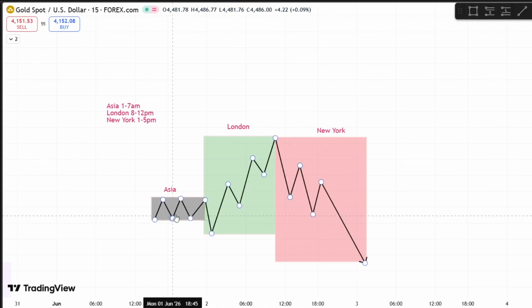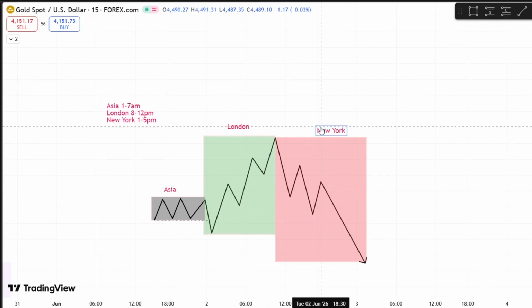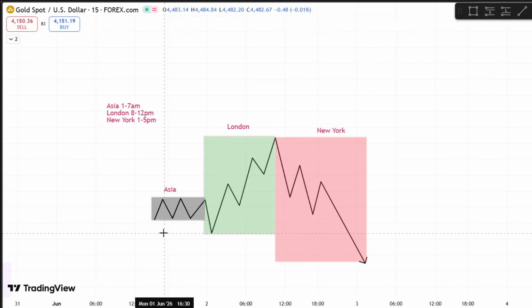So what usually happens is that Asia consolidates, we get an Asian sweep, then during London we continue, so we get the London push, then usually we would get the New York reversal of this. This doesn't always happen textbook, but as long as we understand the game of probabilities and risk to reward, we will be okay.